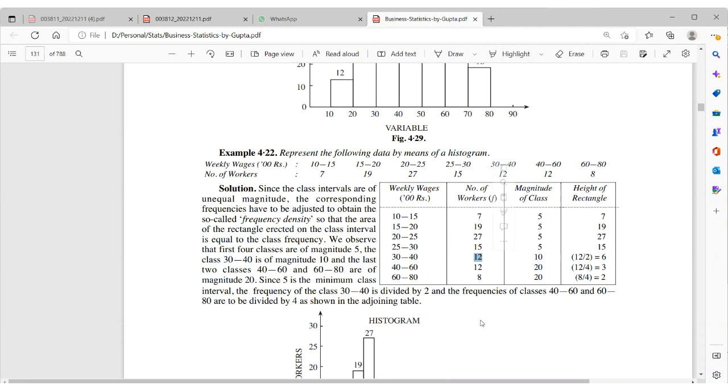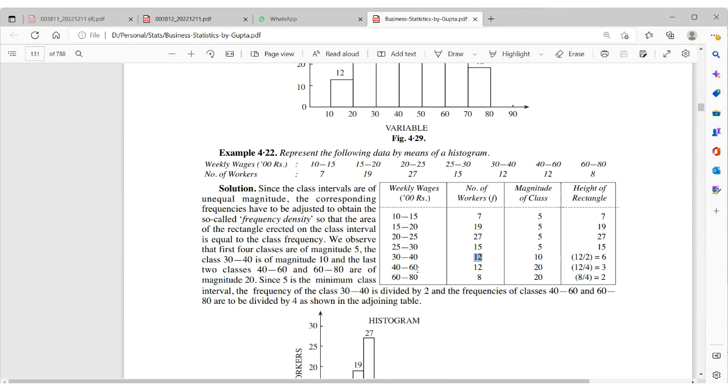If we further subdivide this 30 to 40 into two parts, 30 to 35 and 35 to 40, right? So we divide into two parts. So we divide this 12 by 2, that is 6 each, right?